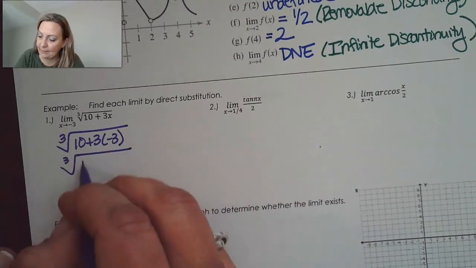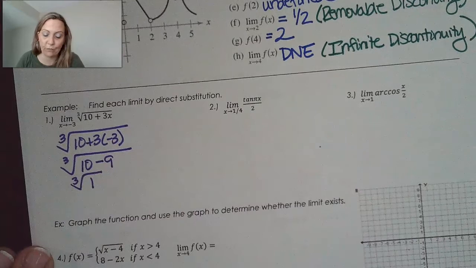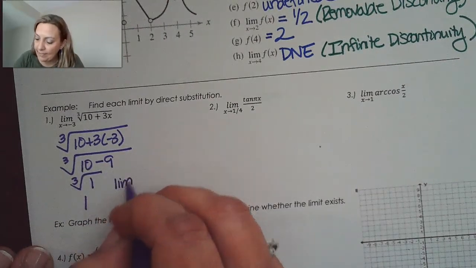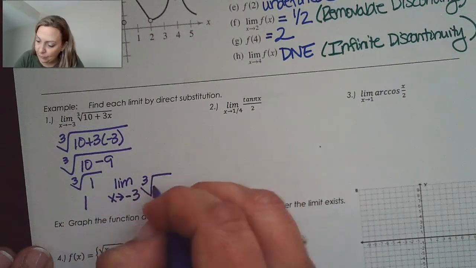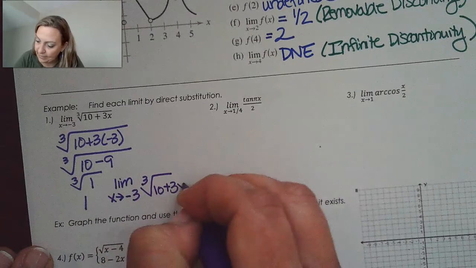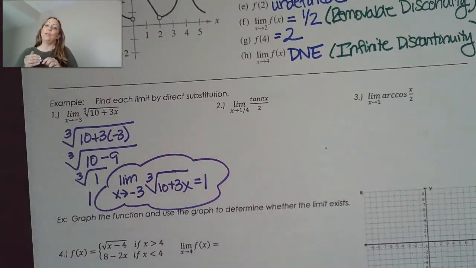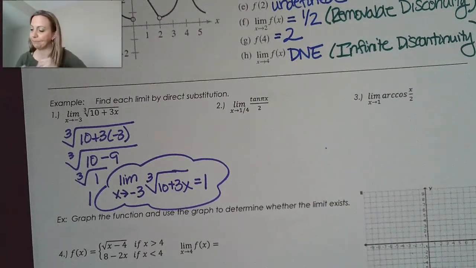That's going to be 10 minus 9, which is the cube root of 1, which is 1. So the limit as x goes to -3 of the cube root of 10 plus 3x is 1. We couldn't do direct substitution in those other problems because we were getting something undefined. But if it's not a problem, direct substitution is always a super nice way to find those limits.